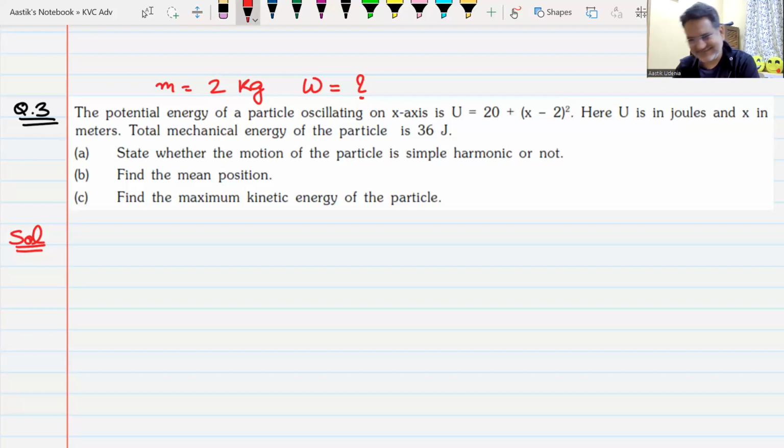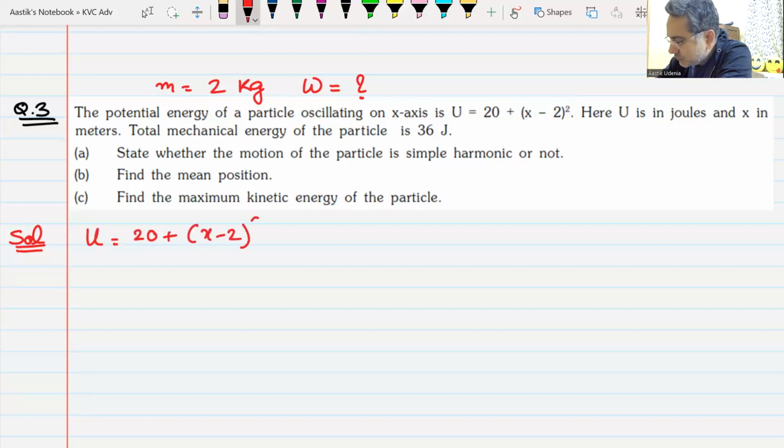6 is the amplitude. No, 6 is not the amplitude. Okay, let us see. Now, you have applied the correct logic. U has been given as 20 plus (x minus 2) the whole squared. At the mean position, U is minimum.